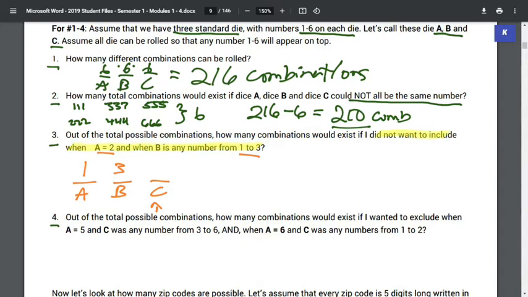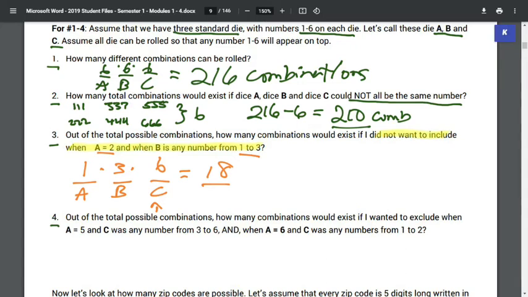It doesn't matter what I roll for C, it's going to fit that description no matter what, whether that's a 1, 2, 3, 4, up to a 6. If I meet the restriction of A and B, it doesn't matter what I roll for C. It could be any of those 6 numbers. So I have to account for all of that. When I multiply these numbers together, I'm going to get 18 restrictions.